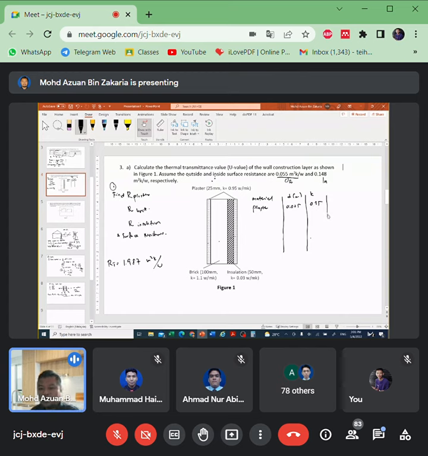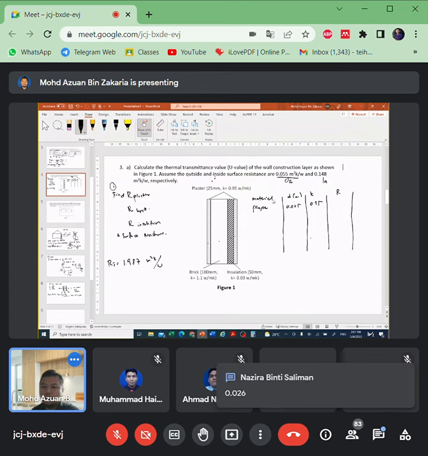Can you calculate for me? So what is R for plaster? Let's help those who haven't calculated or are unclear. Okay, 0.026. But remember, plaster has two places, inside and outside. So plaster number 1 and plaster number 2 are similar.